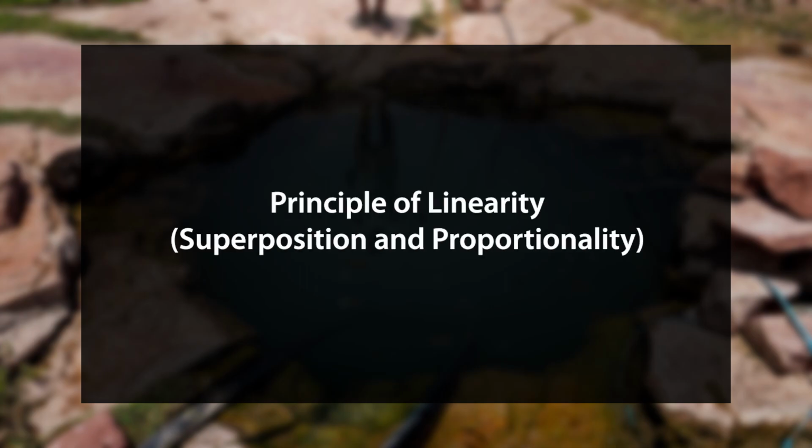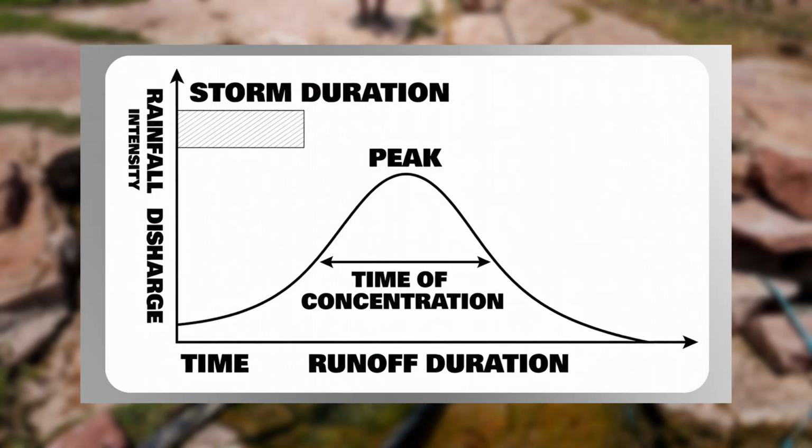The next part is the principle of linearity, that is the superposition and the proportionality. This assumption states that a basin's runoff response is closely correlated with the amount of effective rainfall. This implies that a rainfall event that produces twice the unit depth over the same duration will produce a runoff hydrograph with discharge values precisely twice those of the unit hydrograph, if the discharge ordinates of a unit hydrograph for a given duration are known.